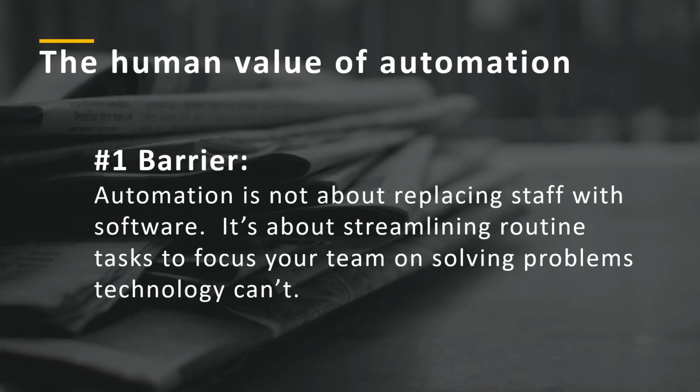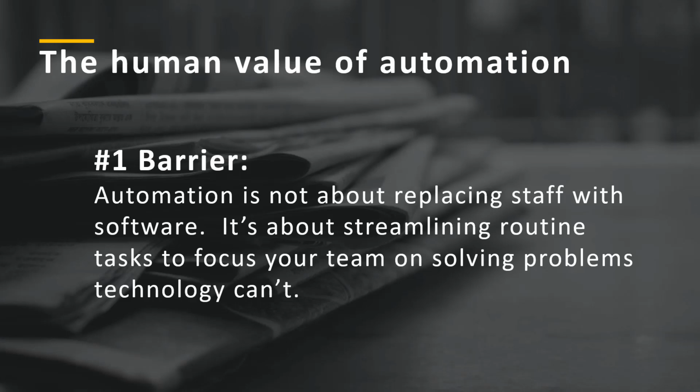When we talk about automation, one of the biggest barriers we encounter is the misconception that automation is about replacing people with software. In reality, automation is a tool to enhance human potential. It's designed to take over repetitive tasks, allowing your team to focus on higher value work that requires human insight and creativity.